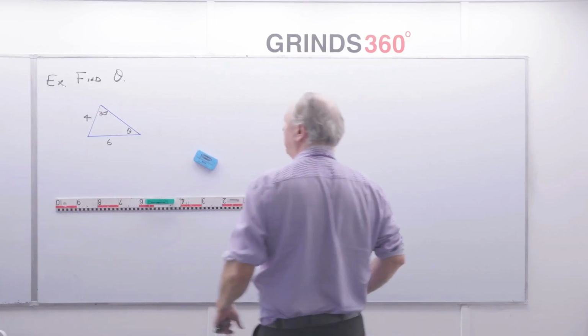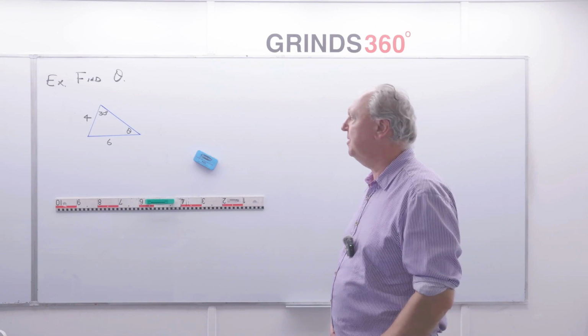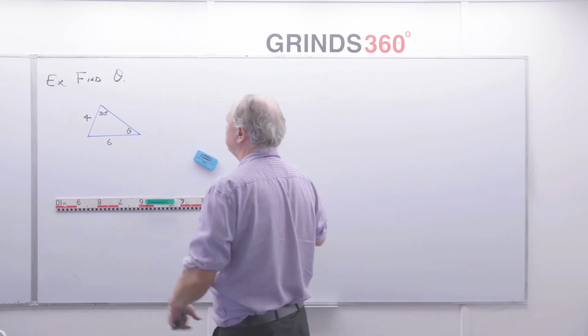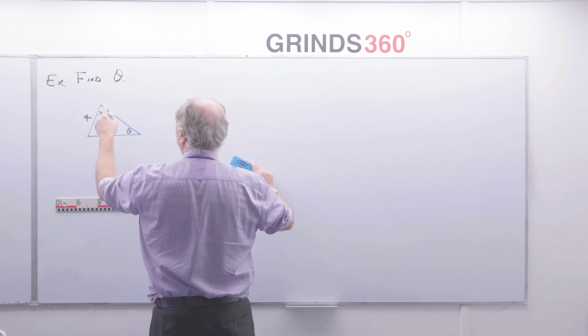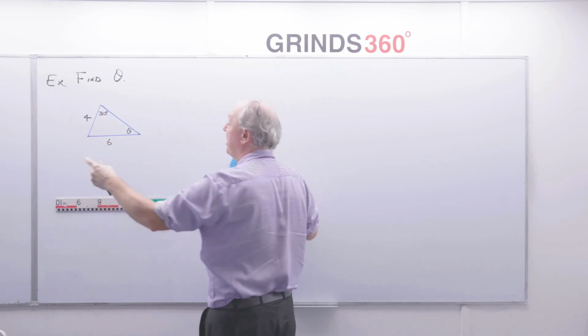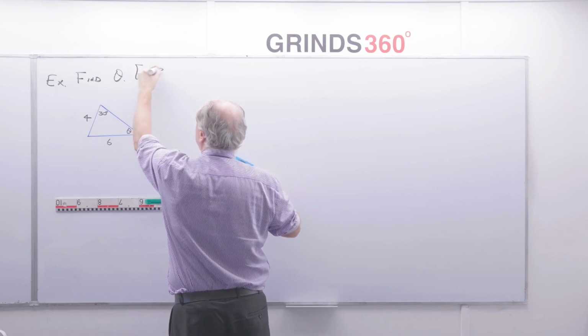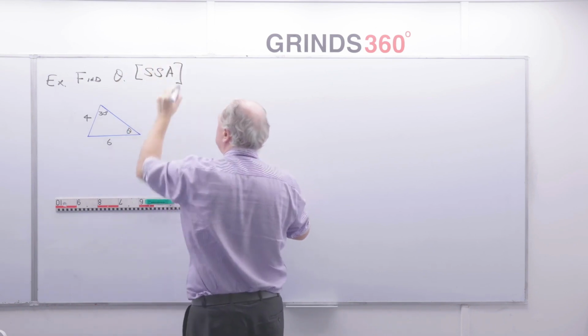So there's my triangle. They want me to find the angle theta. Well, first of all, I recognize it as, yes, I'm given two sides and an angle that's not included. In other words, if it was an included angle, it would be in there between the 4 and the 6. So therefore, it's an SSA.